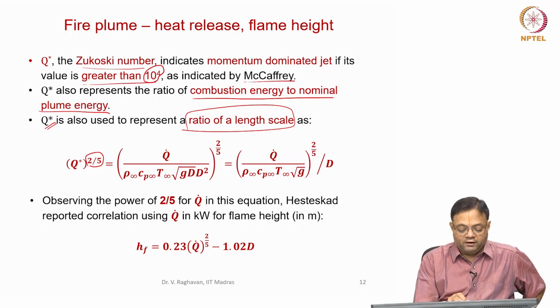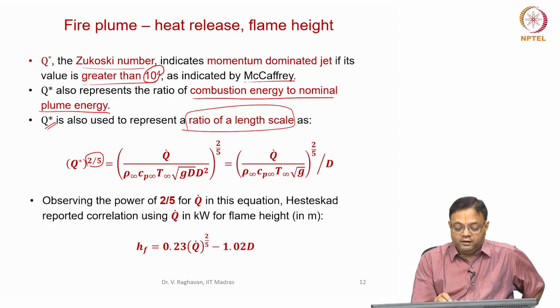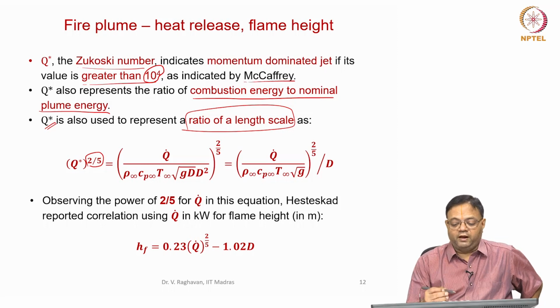So, observing that, here we can say q dot to the power 2 by 5 is correlating a ratio of length scale.